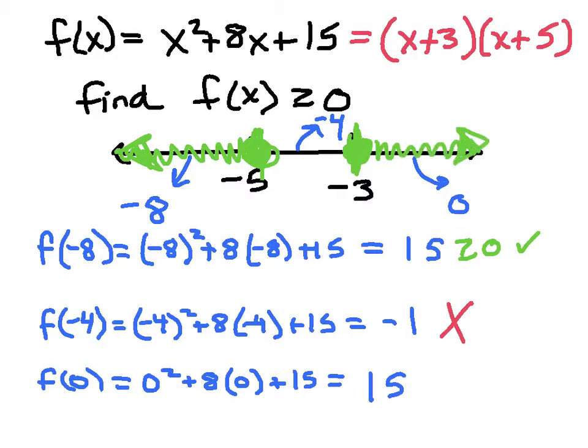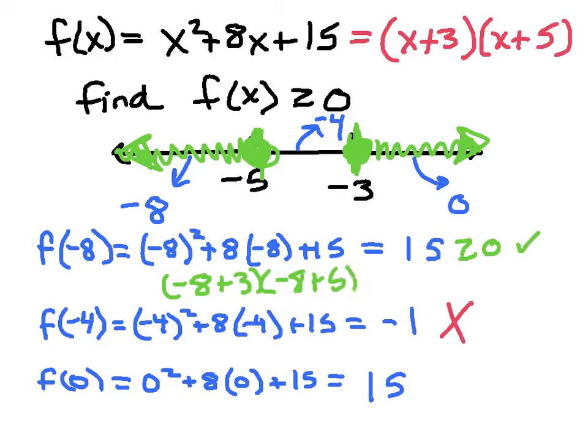The last thing that I'll mention here, before we write the solution in interval notation: I said last time it doesn't matter if we plug into the trinomial or the factored form. Sometimes it's easier just to plug into the factored form. You can see here underneath, if instead of plugging negative 8 into the actual function, I plugged it into the factored form, I would have negative 8 plus 3 times negative 8 plus 5.